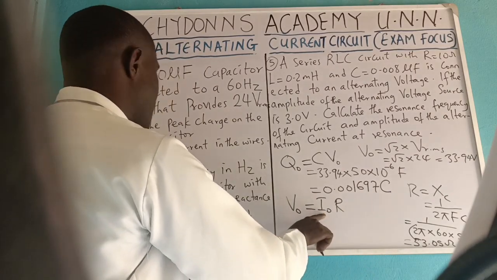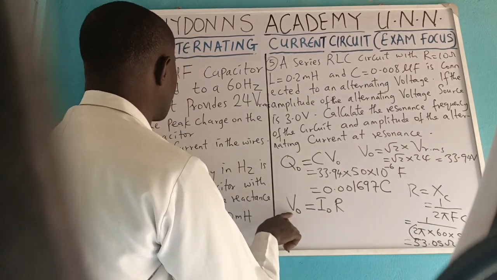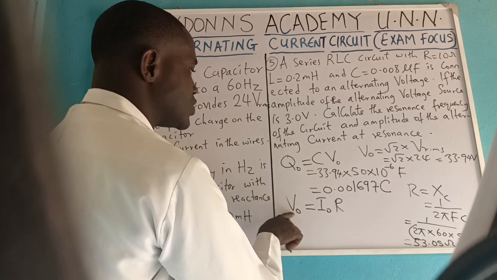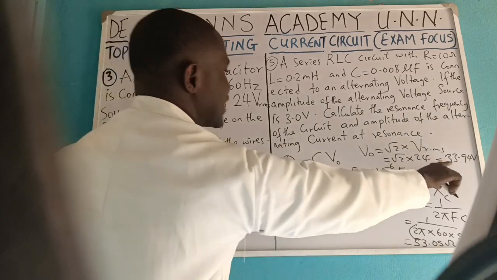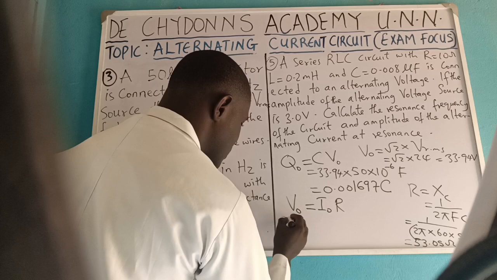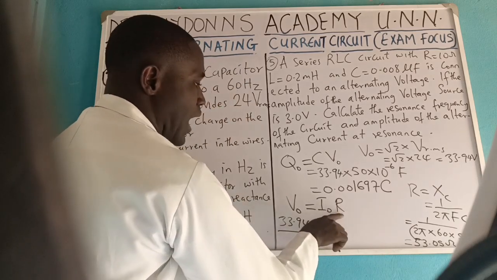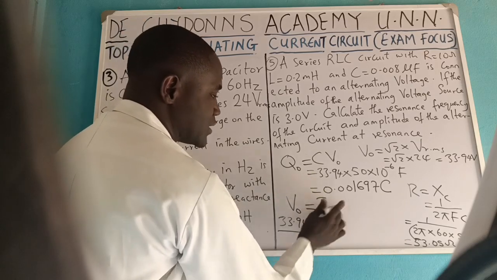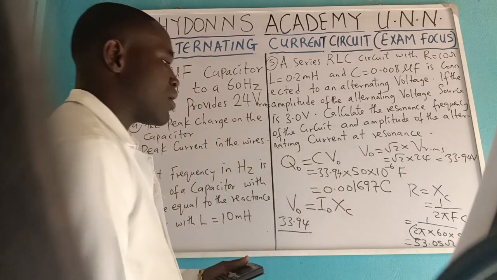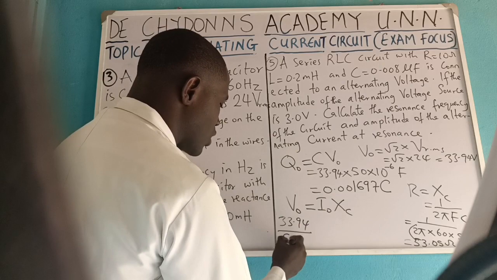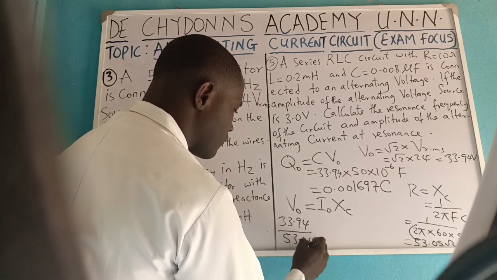So we have this. That means our peak current will be equal to peak voltage, 33.94, all over our R, which we replace with XC now. Our XC is equal to 53.05.